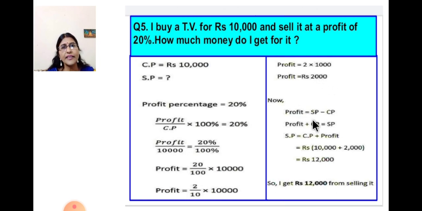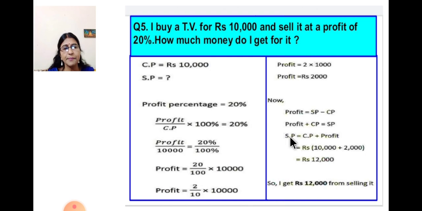Now you know profit is equal to SP minus CP. Or you can write, we will bring this CP because we have to find out selling price. According to the question here, you see we have to find out selling price. So we will bring this CP to this side. So it will become plus when you bring it to left side. So profit plus CP is equal to SP.